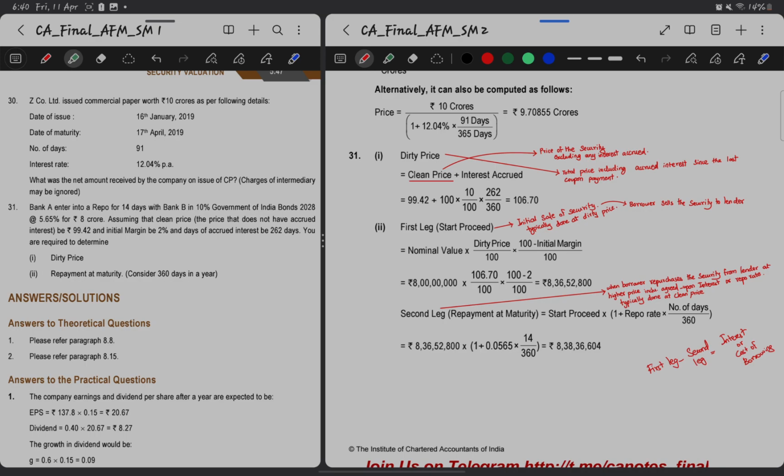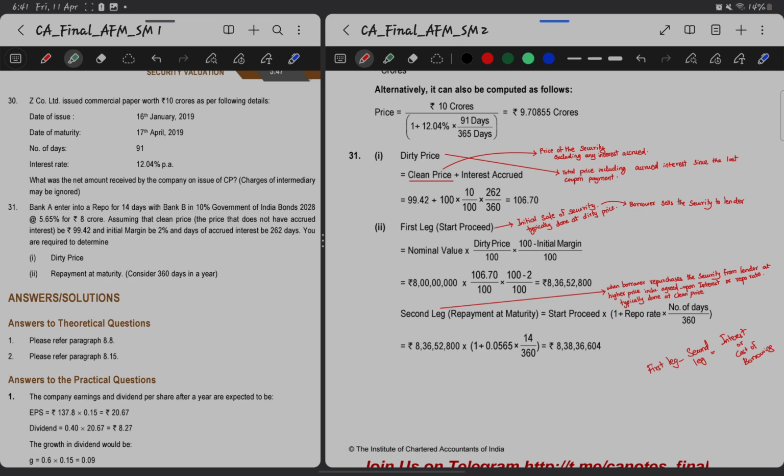And going further, repayment at maturity. Repayment at maturity is nothing but the second leg. So what is the first leg and what is the second leg? When a bank enters into a transaction, the initial sale of security, when the borrower sells the security to the lender, is called the first leg, which ideally happens at a dirty price.